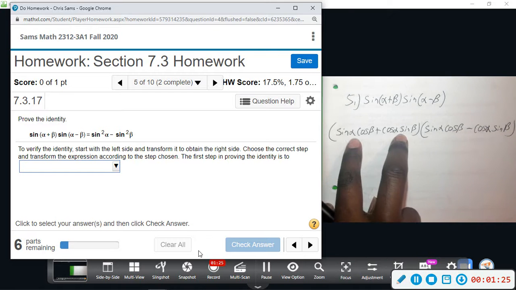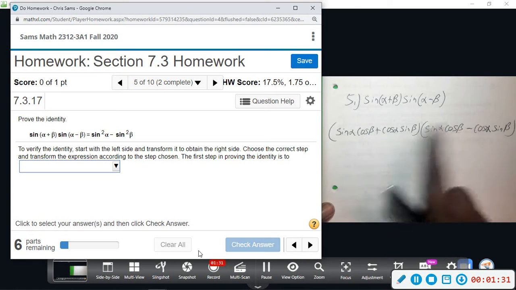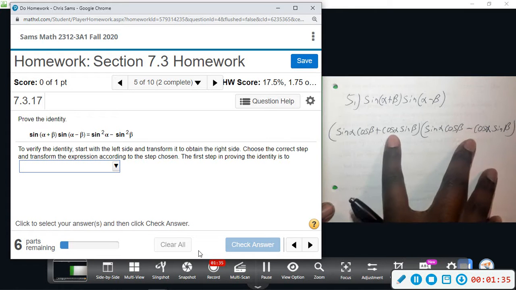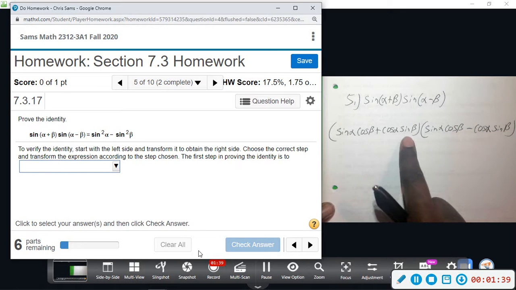Alright, based on the appearance, we have a difference of squares. You can see that this term is the same as this term, and this term is the same as this term. So shortcut, difference of squares: when we multiply this together, we would just get this squared minus this squared.